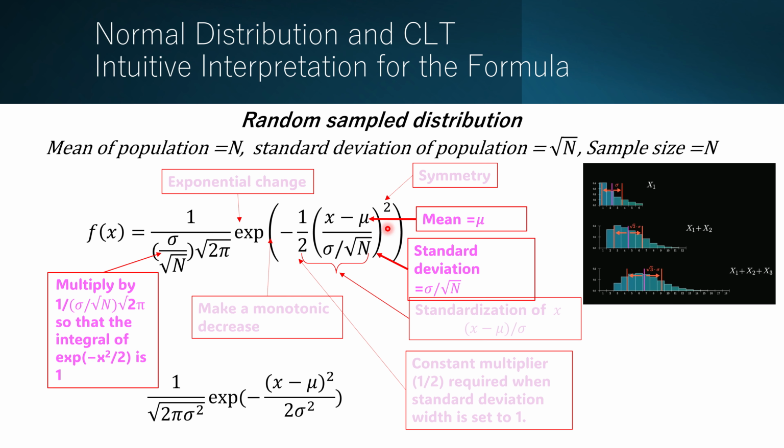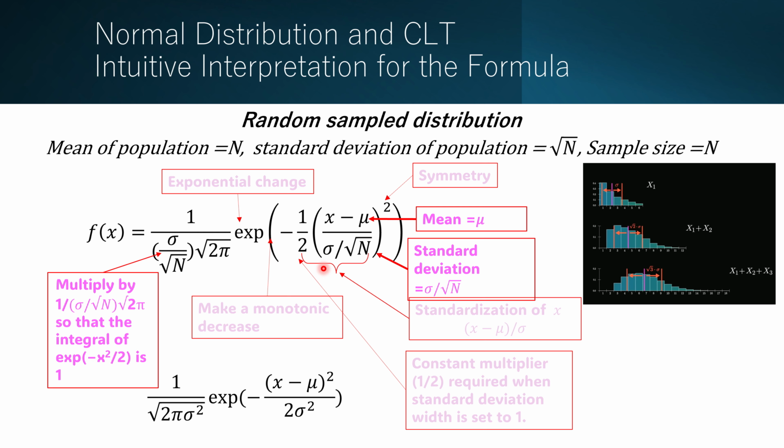The standard deviation of the sample mean is sigma divided by root n. So larger n means smaller variation. The speed of the narrowing is root n. So we need to gather a lot of samples.